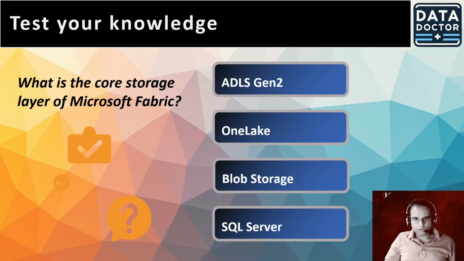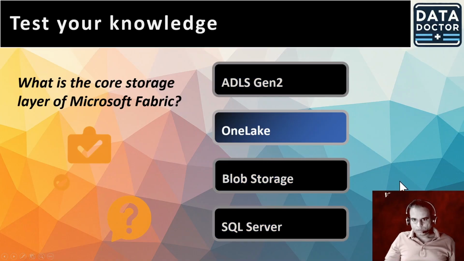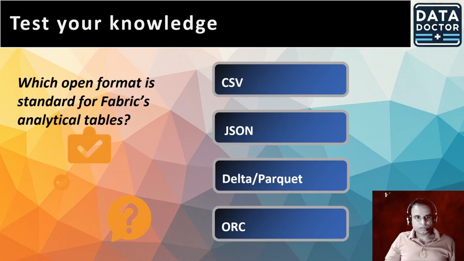And this is the quiz questions. The first question is, what is the core storage layer of Microsoft Fabric? Is it ADLS Gen2, OneLake, Blob Storage, or SQL Server? If you have chosen OneLake, then your answer is correct. The second question, which open format is standard for Fabric's analytical tables?